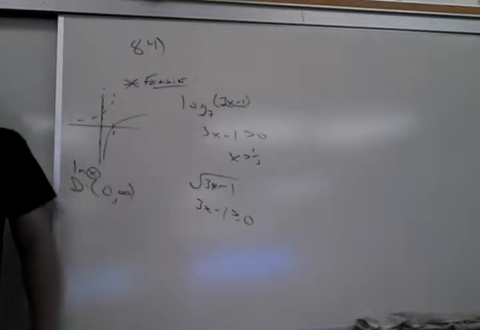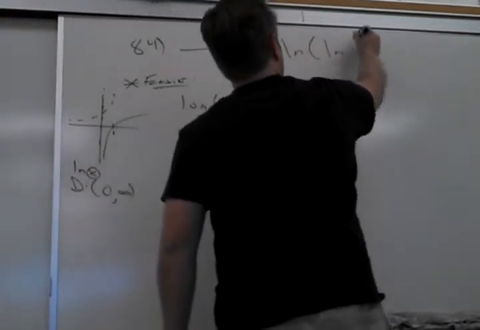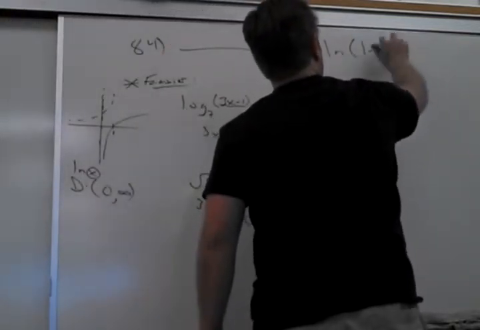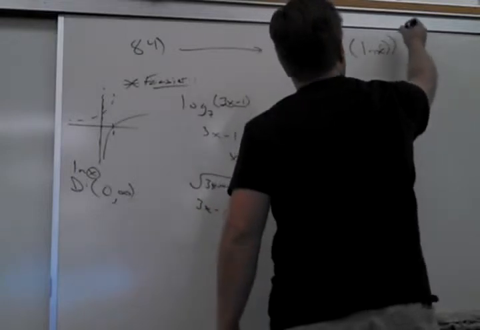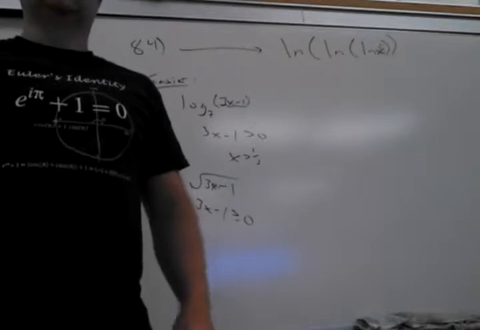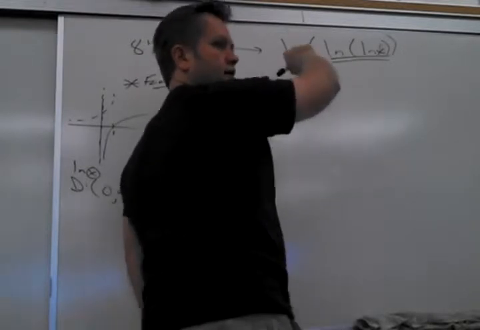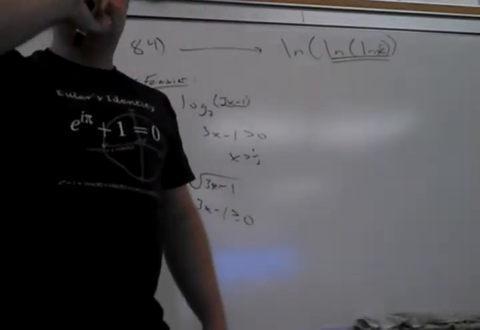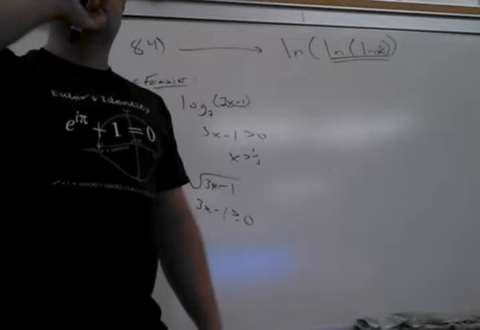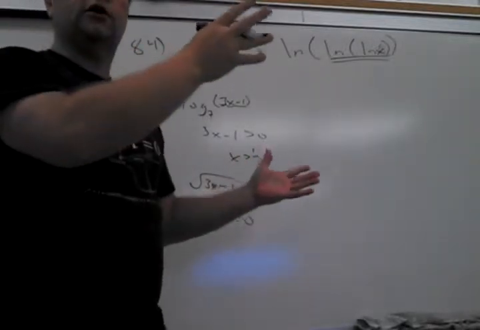So let's take a step back now. Let's take a look at this ugly monster here. So the inside of this guy has to be what? That's got to be greater than 0. Right? Start there.